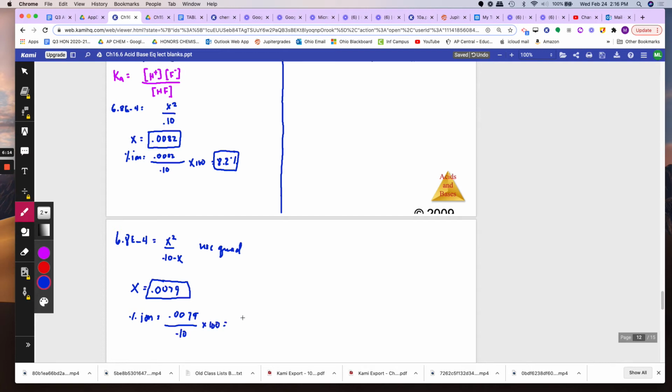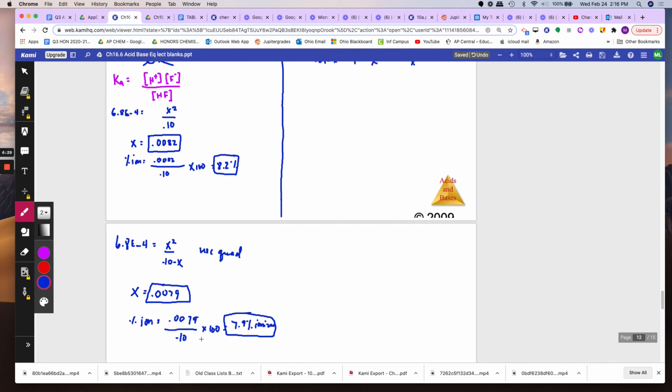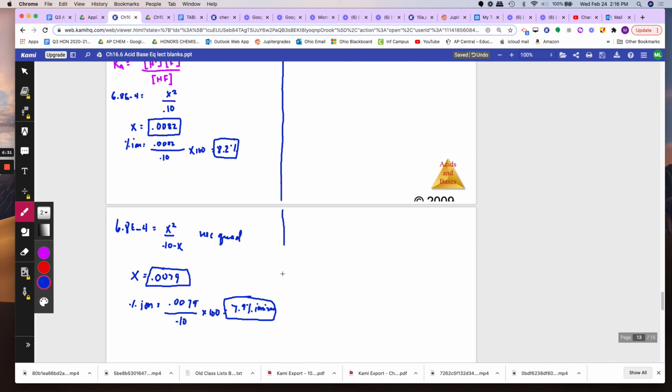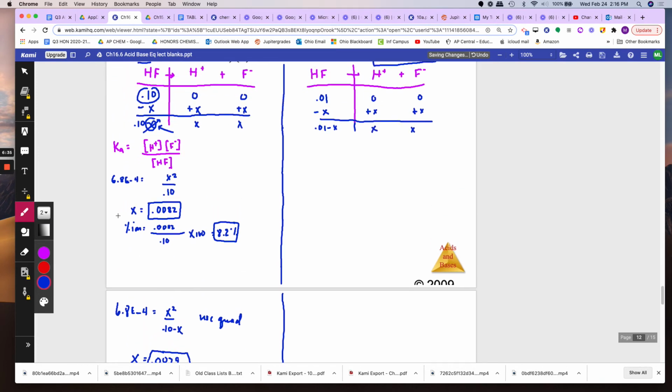You have 7.9% ionization. So when I put 0.1 molar of HF in water, I will get 7.9% of it breaking apart into the ions H plus and F minus.